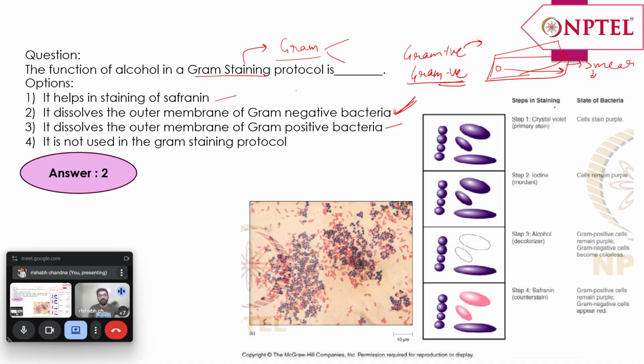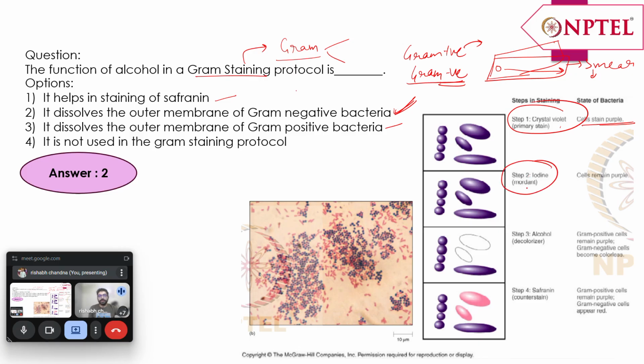Now you put a stain of crystal violet, a purple colored stain that stains the cell wall. So all the bacteria that are present in the smear will stain purple. Then we put a second component, that is iodine.